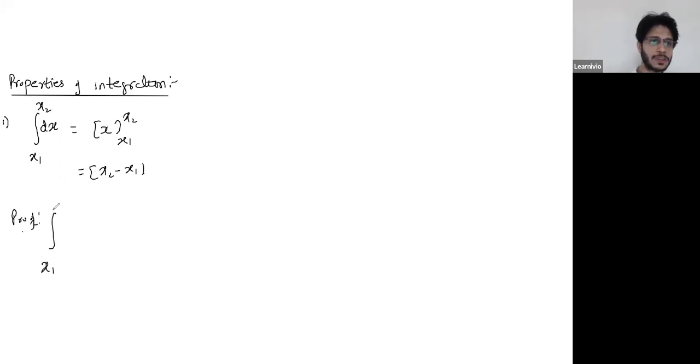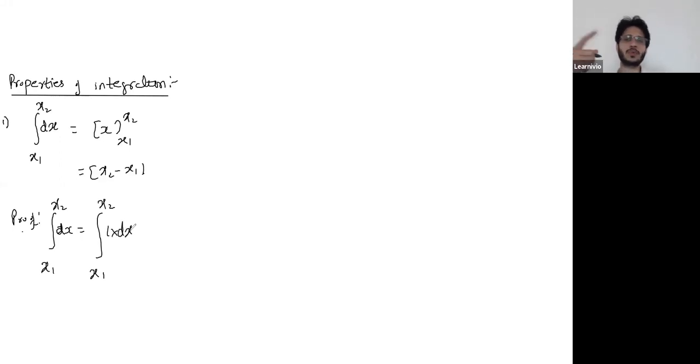The proof is, say you have the integral from x1 to x2 of dx. Can I write this dx as the integral from x1 to x2 of 1 into dx? You can write this as the integral from x1 to x2 of 1 dx. Next, you can write 1 as x to the power 0, so it's the integral from x1 to x2 of x to the power 0 dx.